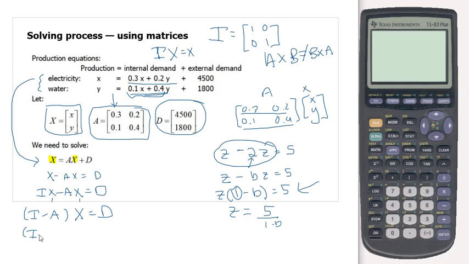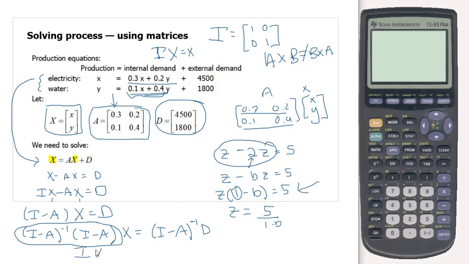So I'm going to multiply both sides by the inverse of I minus A. These two undo each other, which gives me IX equals I minus A inverse times D. IX just equals X, so our solution is going to be I minus A inverse times D.